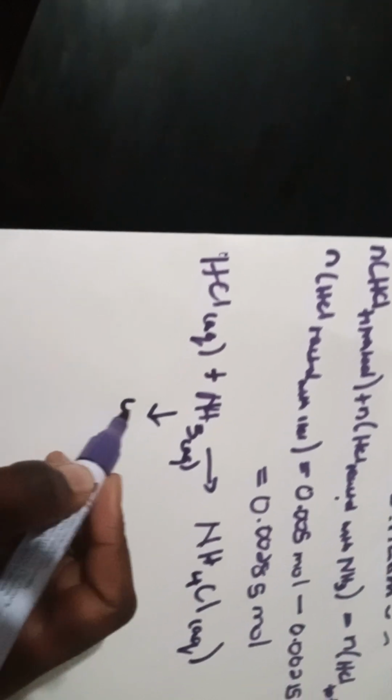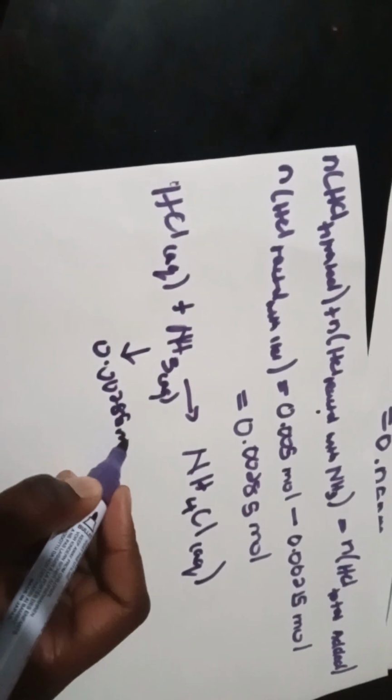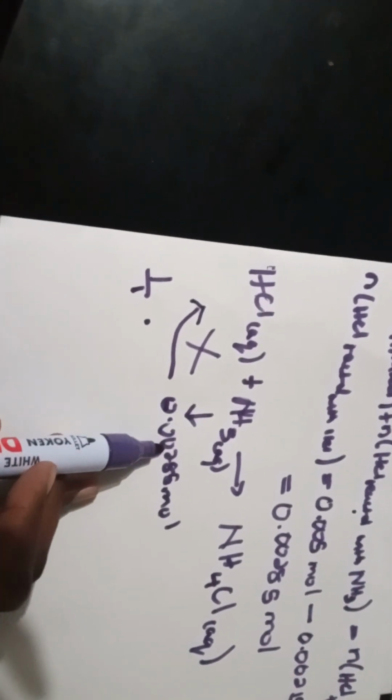And we already know the moles here, which is 0.00285 mole. And we know that 1 mole of HCl will react with 1 mole of ammonia, hence it will be a 1-to-1 mole ratio, therefore ammonia will also have the same number of moles.